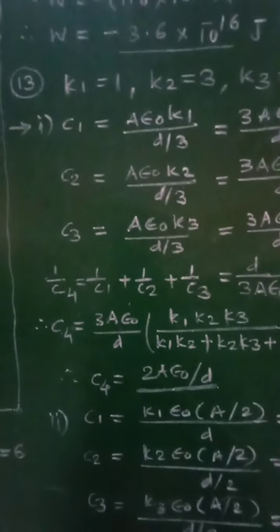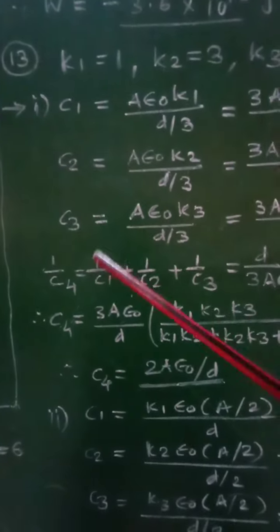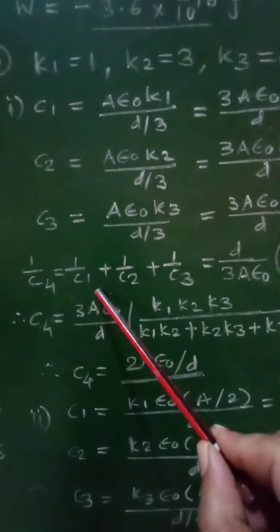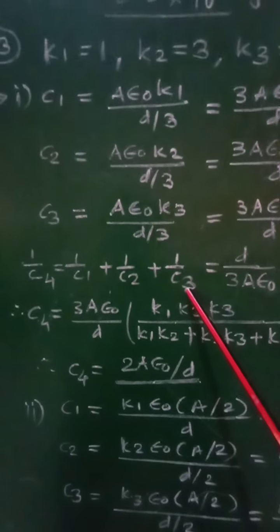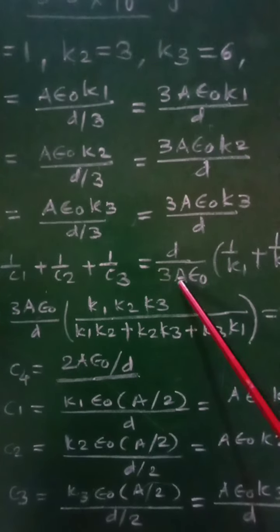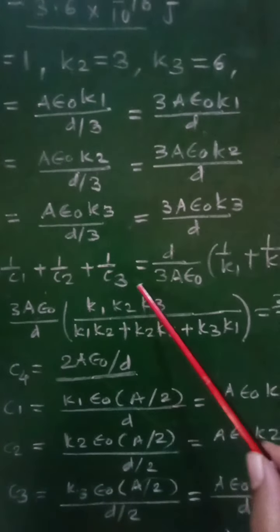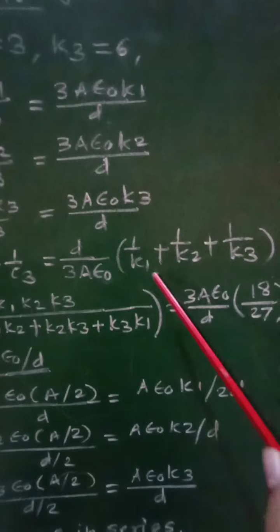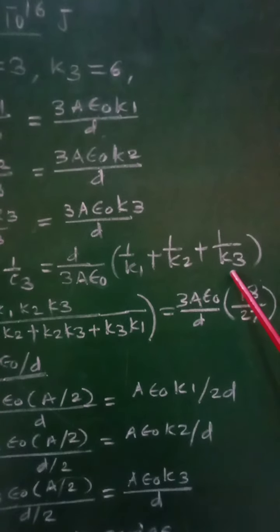Now here C1, C2 and C3 are connected in series, and therefore we can write 1 by C4 equal to 1 by C1 plus 1 by C2 plus 1 by C3, which will be written as D upon 3A epsilon 0 common, into bracket 1 upon K1 plus 1 upon K2 plus 1 upon K3.